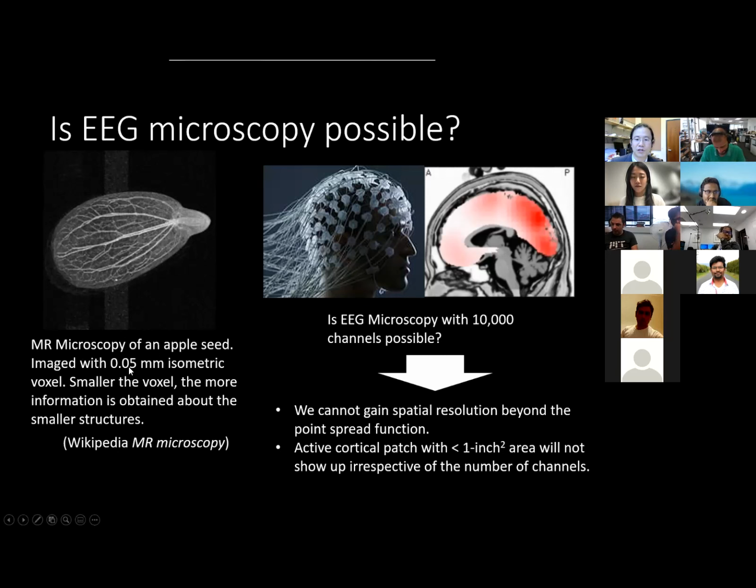Here they used a 50 micrometer isometric voxel to scan the apple seed, and you can see the structure inside. As you increase the magnification, you begin to see those smaller spatial structures. That is guaranteed in the case of MRI.